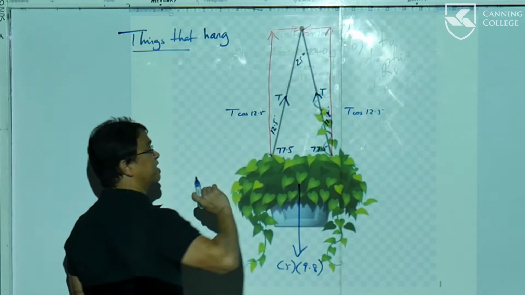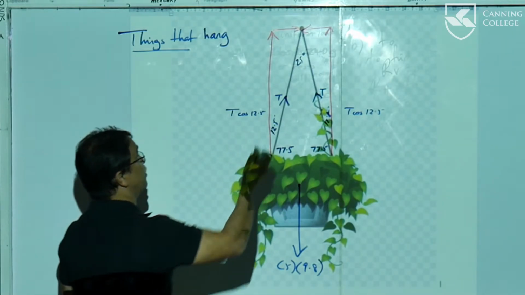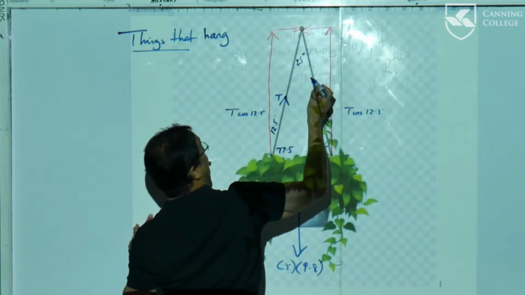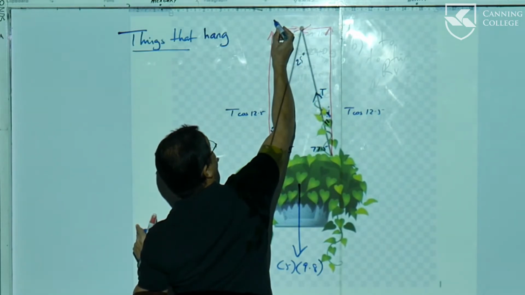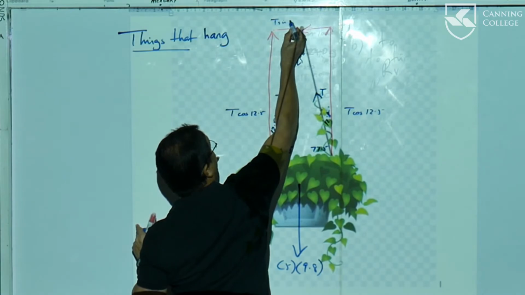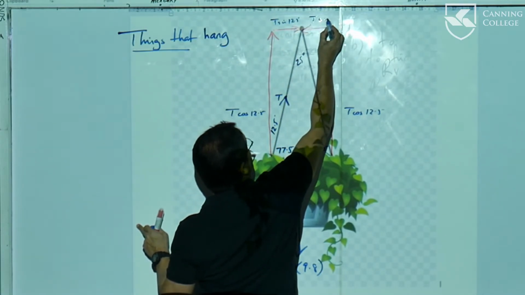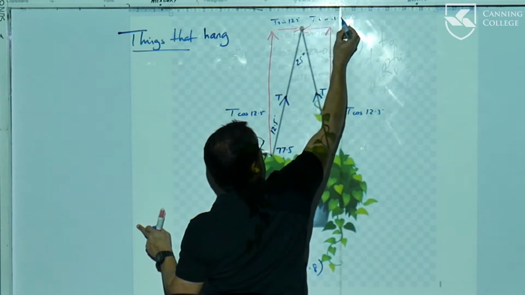The horizontal components are really not important for this question, but we'll put them in anyway. We're going to get T sine 12.5 and T sine 12.5.